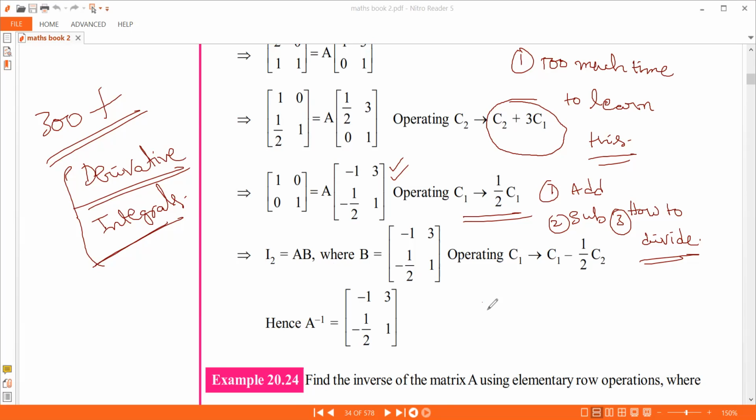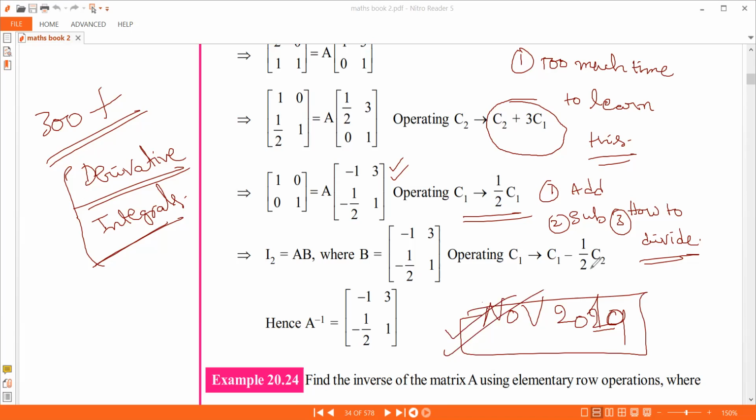I know some students who gave up in 2019. They said I cannot read mathematics, because they were concentrating for the entire 3 months on elementary operations only. 3 months learning elementary operation. After that, I discarded it.